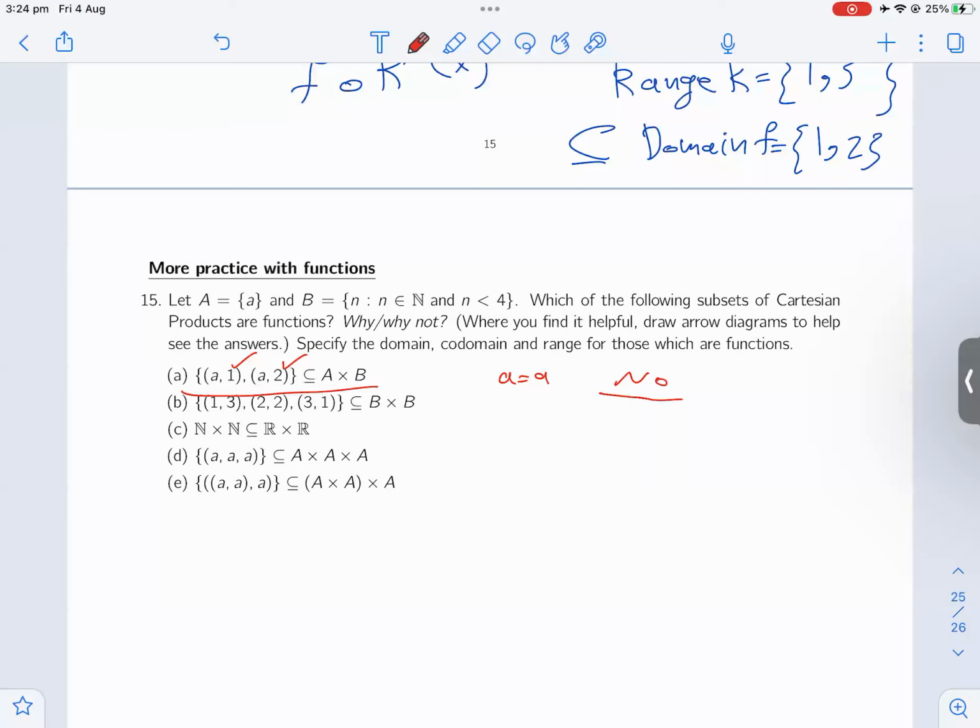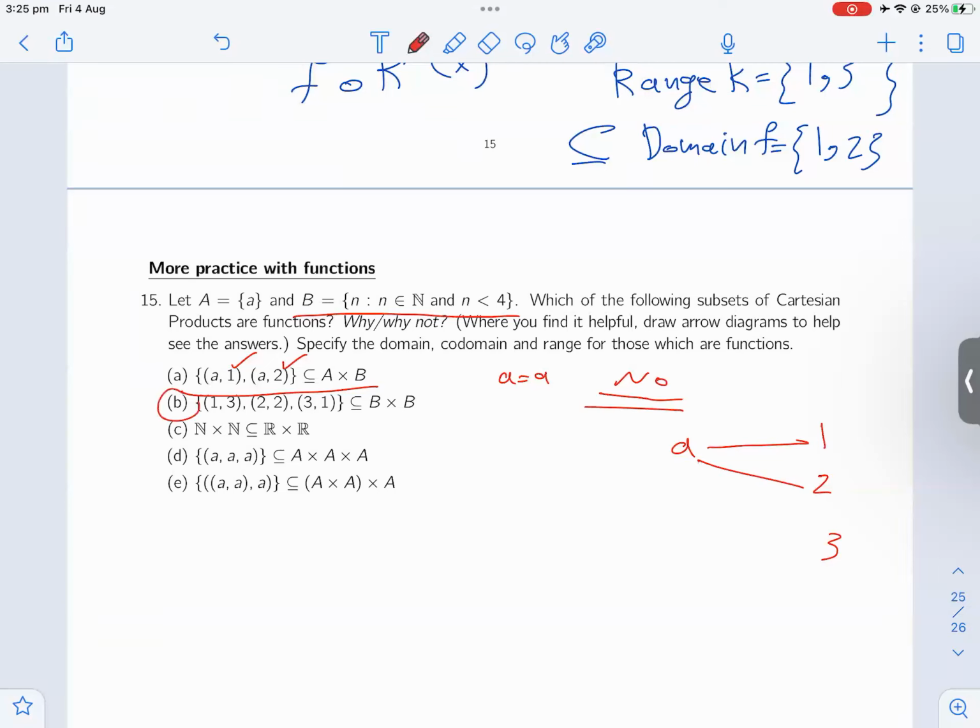But this is one way to do this. The other way is this: A goes to 1, A goes to 2. What is the range of B? It has 3 and one more. So number 1, A is not a function. A is injective. A is not surjective because this relation is not surjective. But anyway, usually when it's not a function, we are not talking about injectivity and surjectivity.